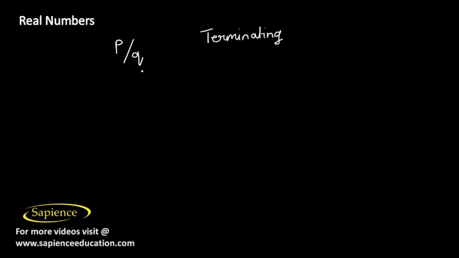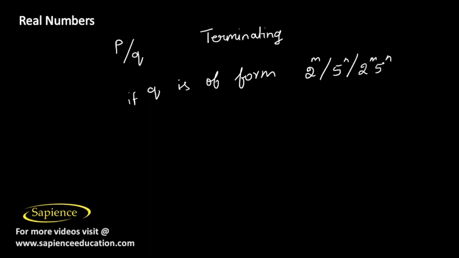A fraction p by q is terminating if q is of the form 2 to the power m, or 5 to the power n, or 2 to the power m times 5 to the power n. What this means is q should have factors 2 and 5 only.